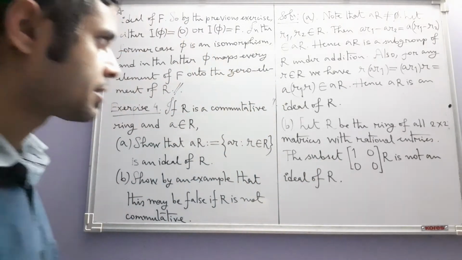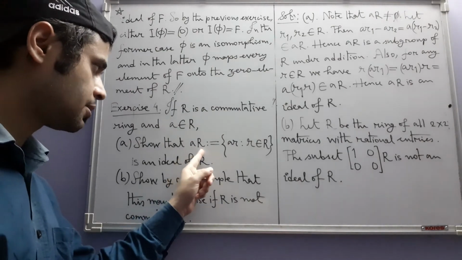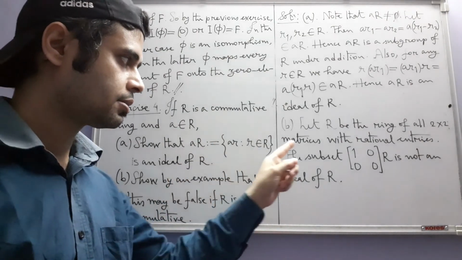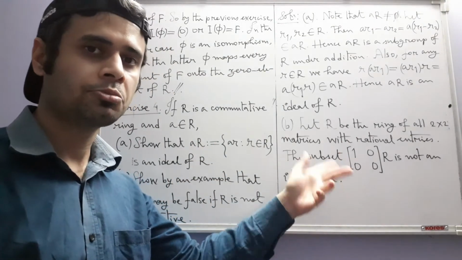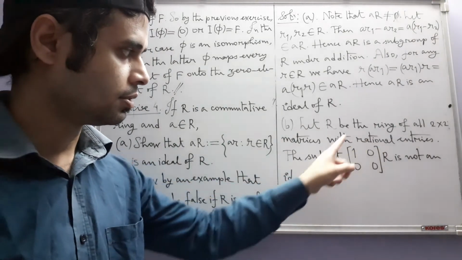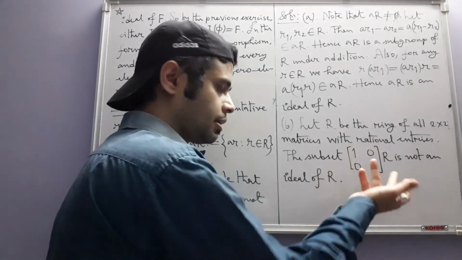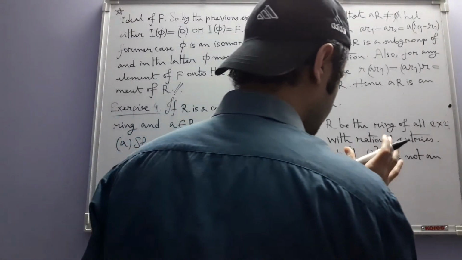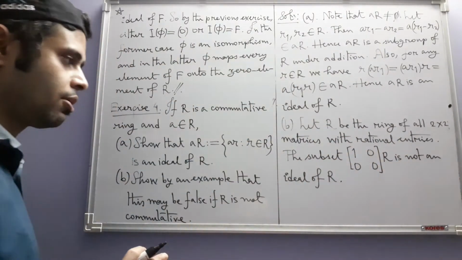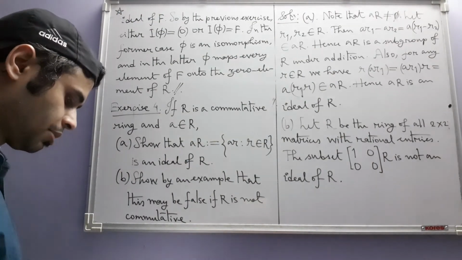You see, we are supposed to consider subsets of the form AR. Since an element now is a 2 by 2 matrix, so we have decided to choose this matrix, where the entries are of course rational numbers. So now we are claiming that this is not an ideal of R, but why?